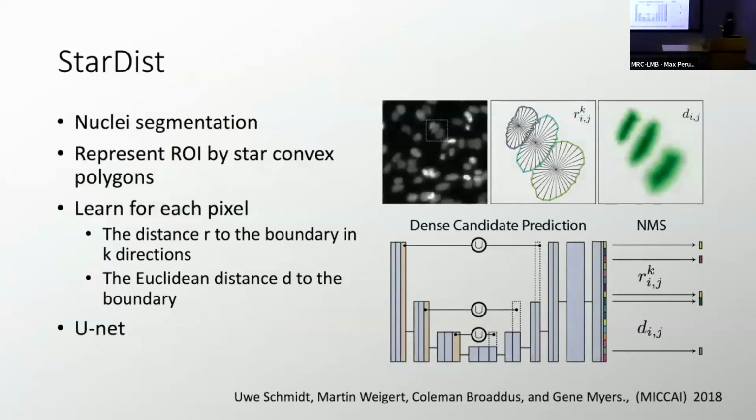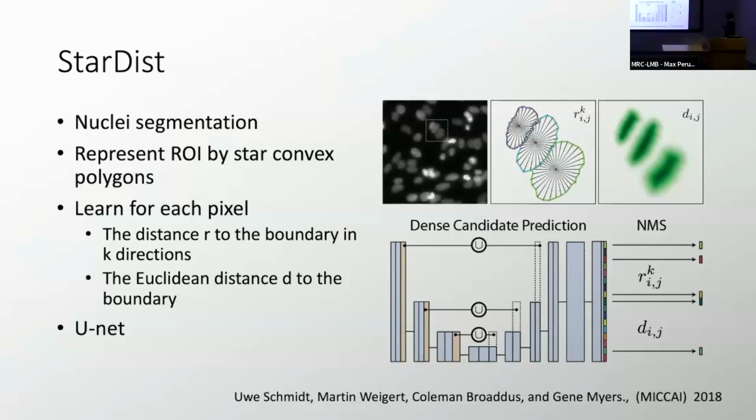They represent each ROI we want to extract as a star-convex polygon, and we try to predict at each point the distance to the contour, the length of the radius from the center to the contour, and the distance map. So it predicts these two things.